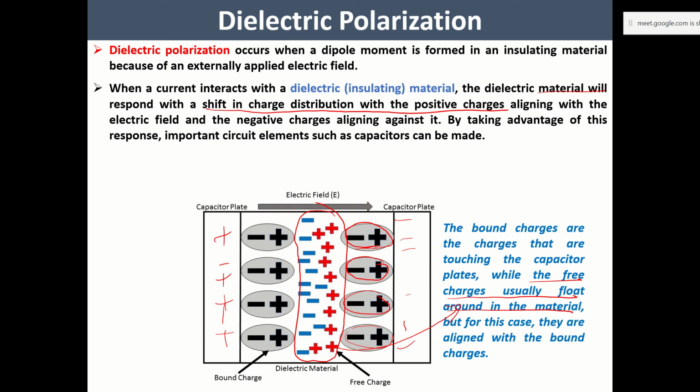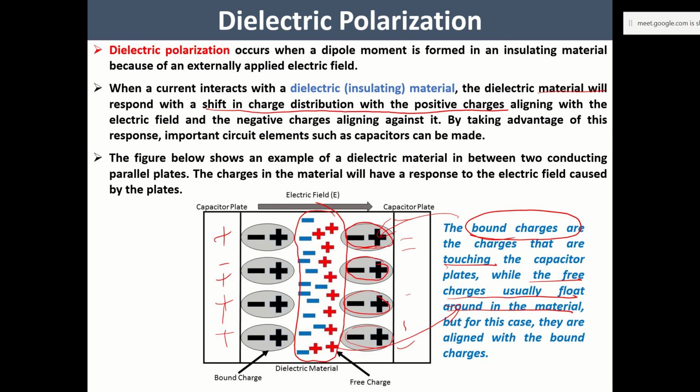Although they are aligned, they are free to move around. In contrast, you also have bound charges, which are in direct contact, touching the capacitor plates. So this is an example of the response as the electric field changes between the plates.